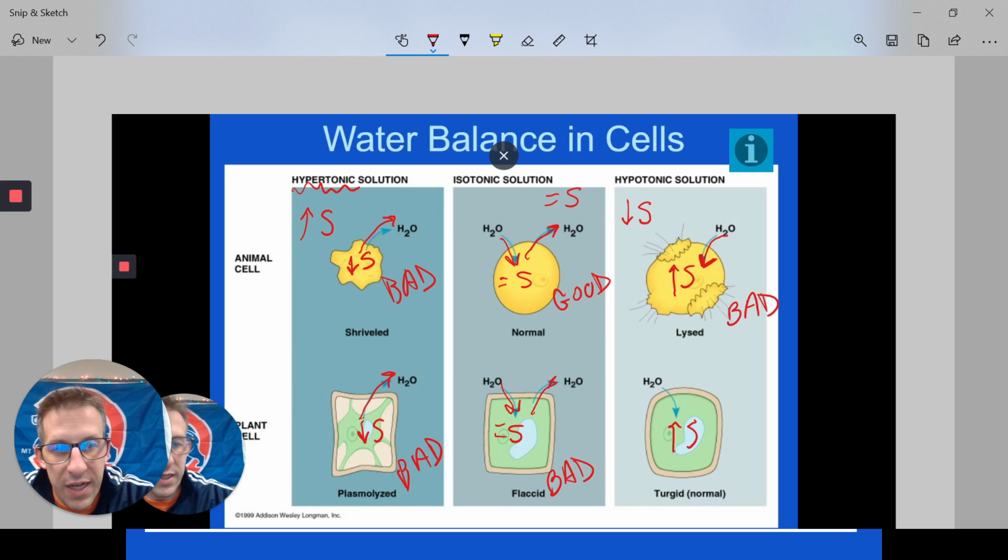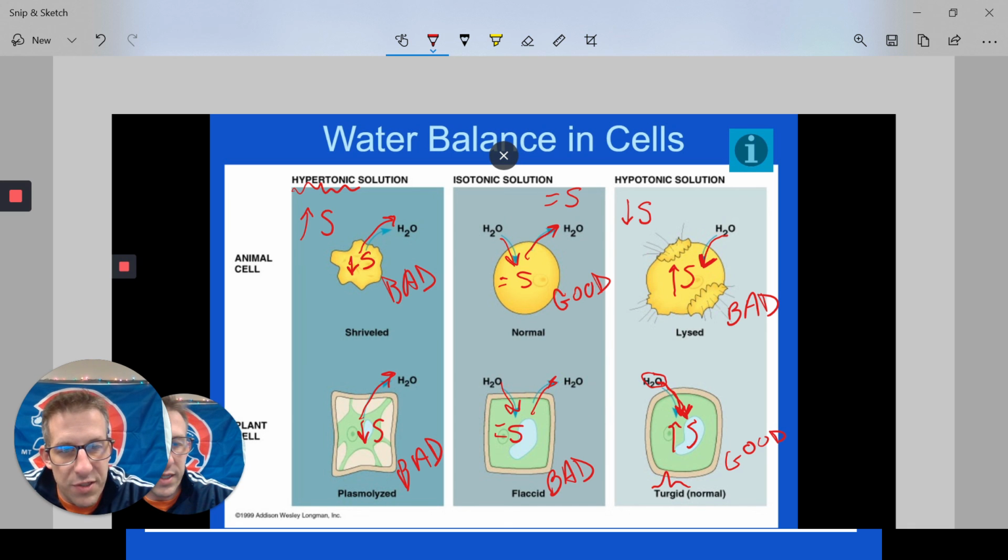Now, the same thing happens with plant cells. Water moves from areas of lower concentration of solute to higher concentration of solute. So water will follow the solute, or dilute the solute. And what that causes is a normal state for plants. This is a good state.